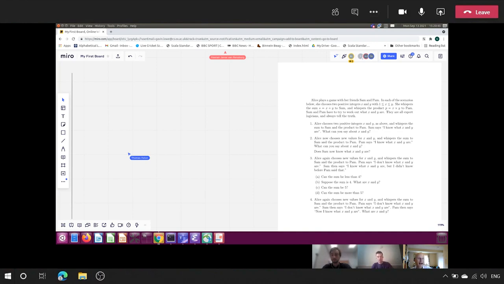Which means that the value that Sam is told is p plus 1. So does Sam now know what x and y are? Yes, so Sam knows that x equals 1, and y is s minus 1.